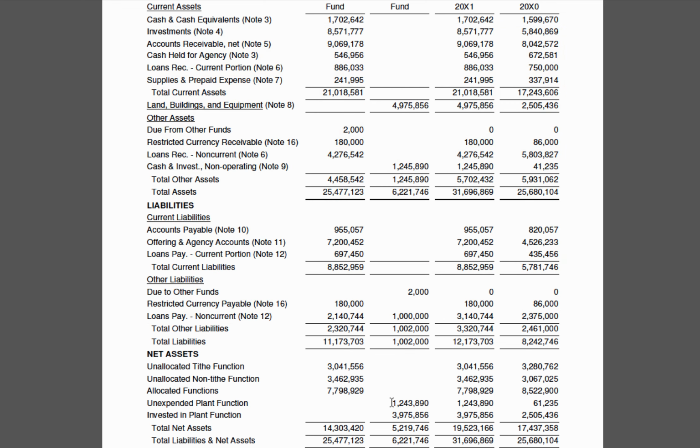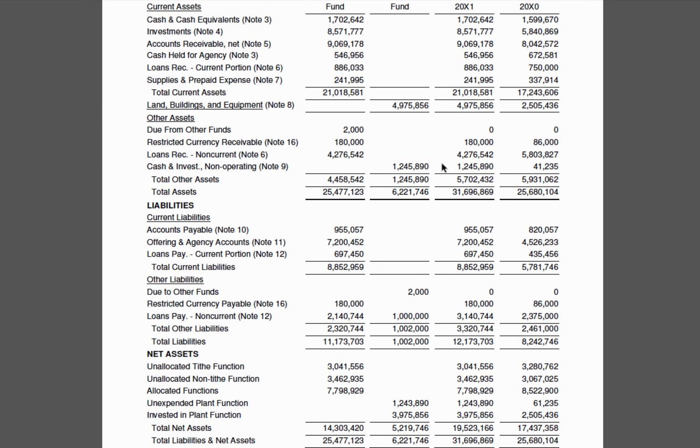So there's such a thing as an unexpended plant fund, and there's such a thing as an unexpended plant function. The unexpended plant fund is this self-balancing set of accounts, and its net assets are called unexpended plant function. So it's pretty confounding.